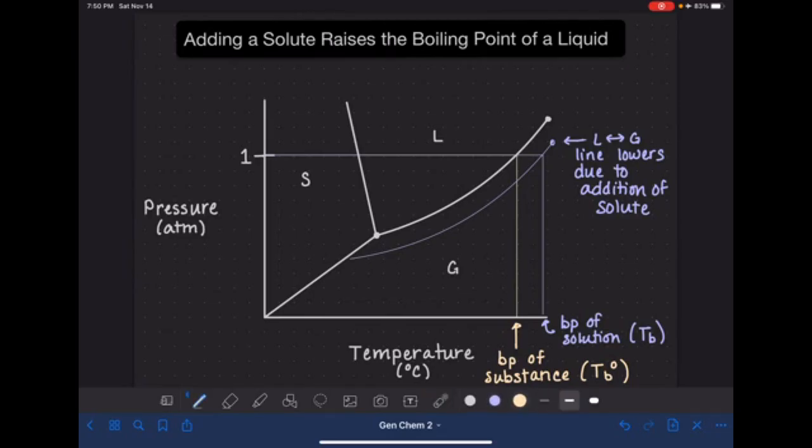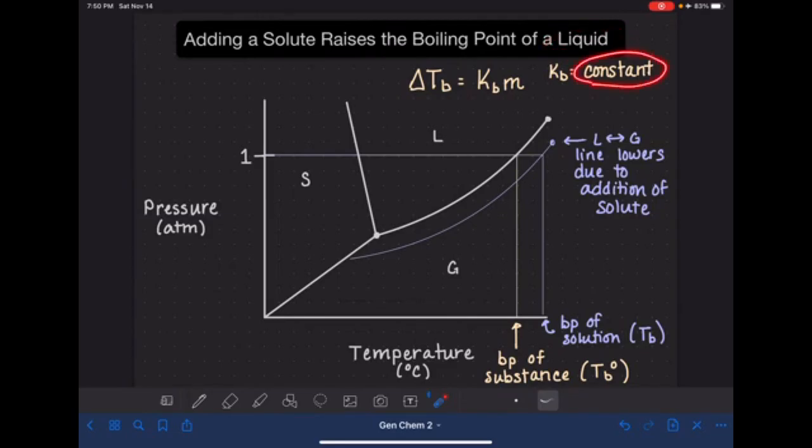We can calculate the change in the boiling point of a liquid using an equation. The change in boiling point, delta T_B, is equal to a constant, which we call the boiling point constant, capital K subscript B, times the molality of the solution. So K_B is a constant that is specific to the liquid. It doesn't matter what the solute might be.